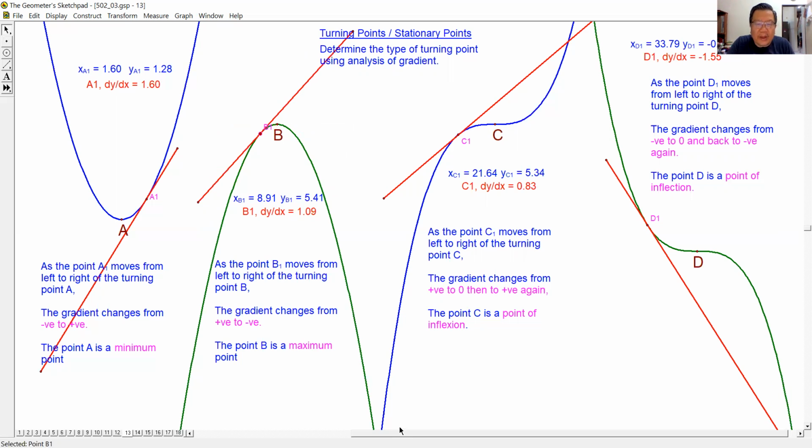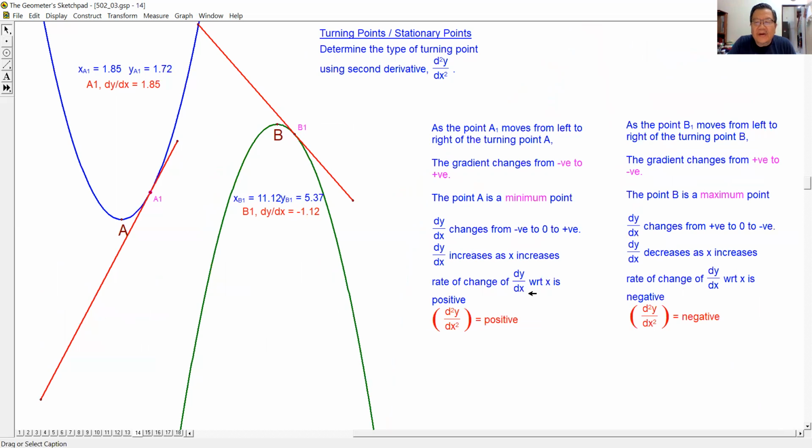If the gradient is decreasing, then we say the rate of change of dy/dx is negative, because dy/dx decreases as x increases. x always increases because we move from left to right, from a smaller value to a bigger value. So x is always increasing, but we have to look at whether the gradient is increasing or decreasing. Okay, next page.